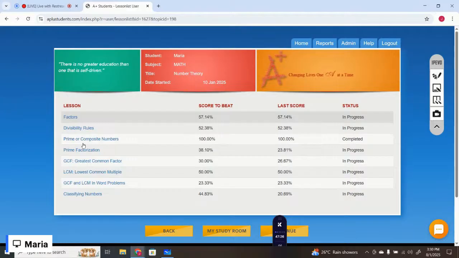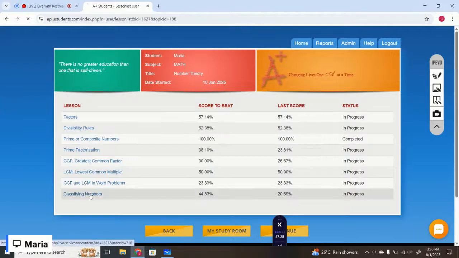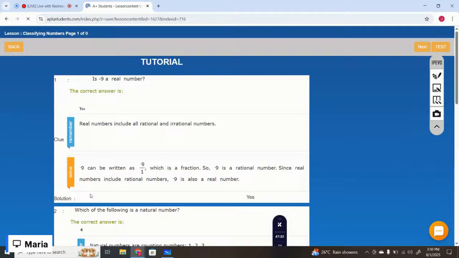The next lesson is classifying numbers. Is -9 a real number?